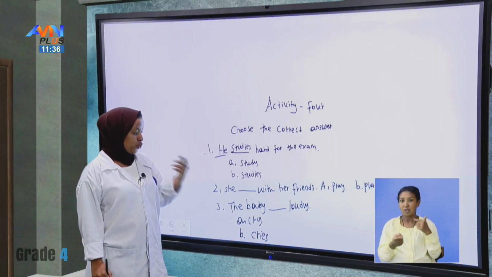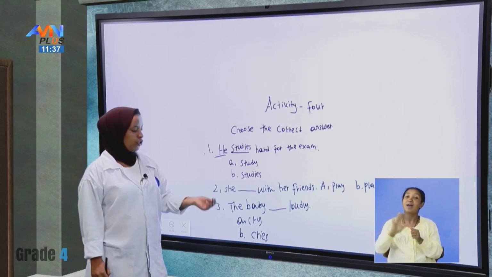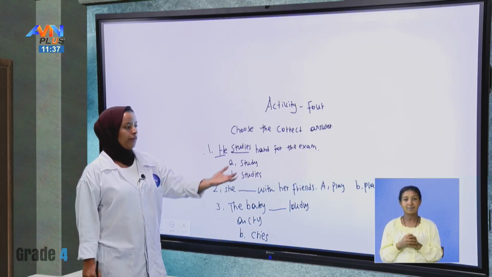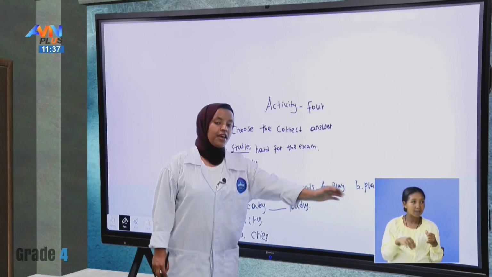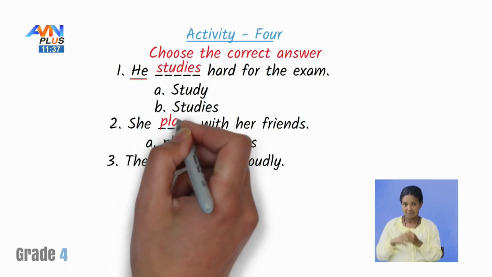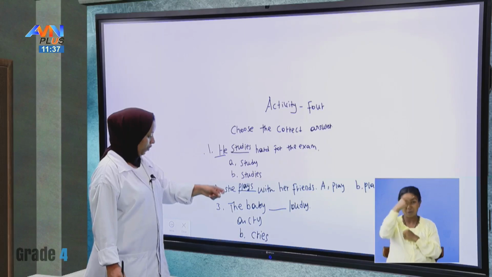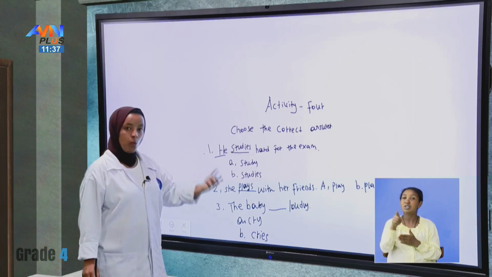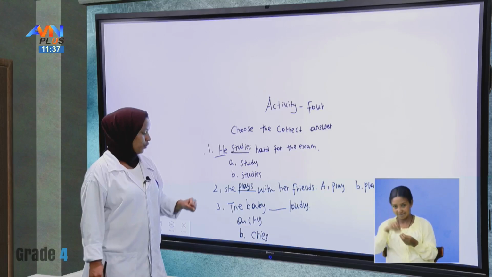Question number 2. She blank with her friends. So here are the choices, play and plays. So let us take plays, the base verb that adds S, because here it is she, what? A singular subject. Question number 3.